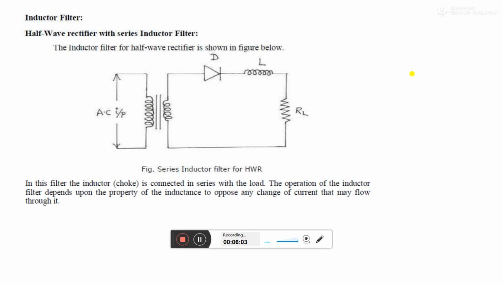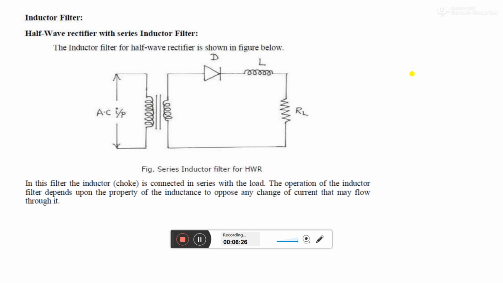Here only a single diode is used, so we call it a half wave rectifier. Along with the half wave rectifier, there is a newly introduced component called the inductor. The assembly of these two is referred to as the inductor filter or half wave rectifier inductor filter.